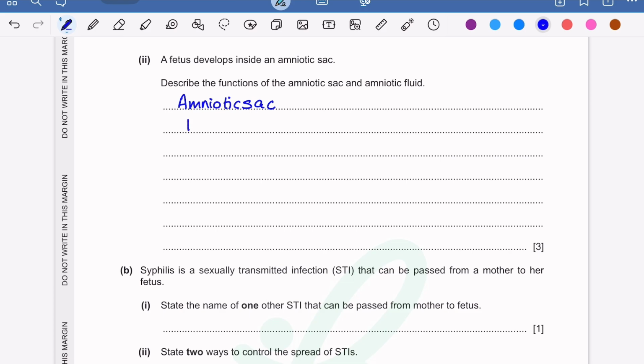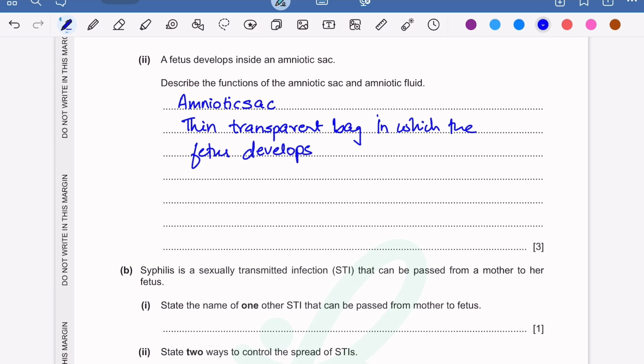So it is basically a thin transparent bag in which the fetus develops and contains amniotic fluid.